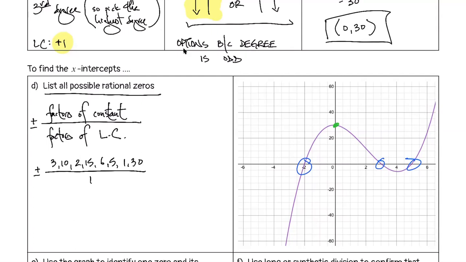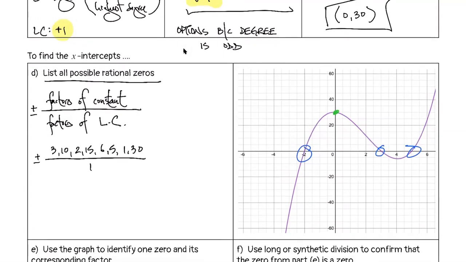Okay, so it turns out that if we tried 1, 2, 3, 5, 6, 10, 15, and 30, those would be the only rational numbers that we need to try. So I would not try 7, I would not try 8, I would try 1, I wouldn't try 18, I wouldn't try 19.